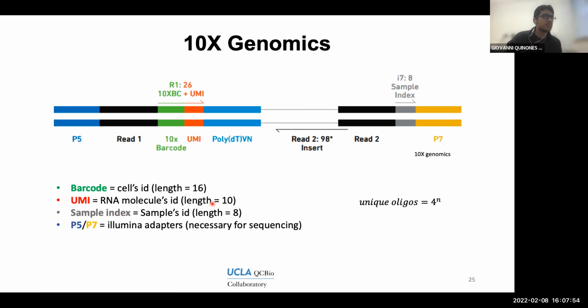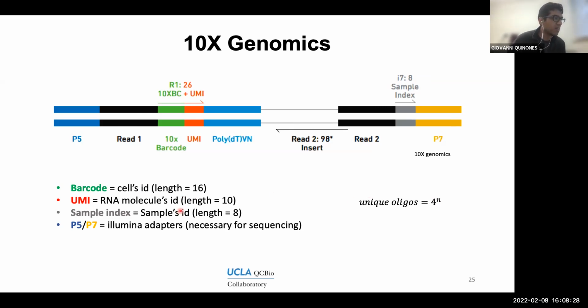And the reason why I'm including their length is that you can also calculate the number of unique barcodes or unique UMIs that you can synthesize. And the way you calculate that number would be with 4 to the power of n, n being the length. So for example, how many unique barcodes can we generate? That would be 4 to the power of 16, which will be, of course, a very large number, I think in the billions.